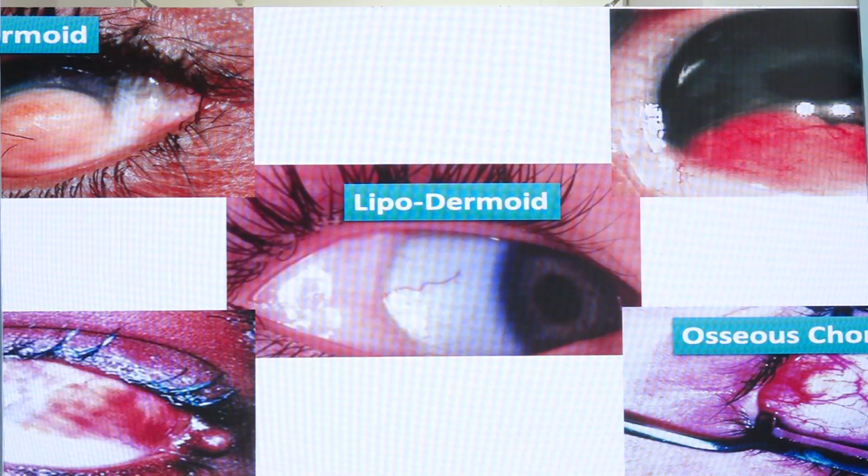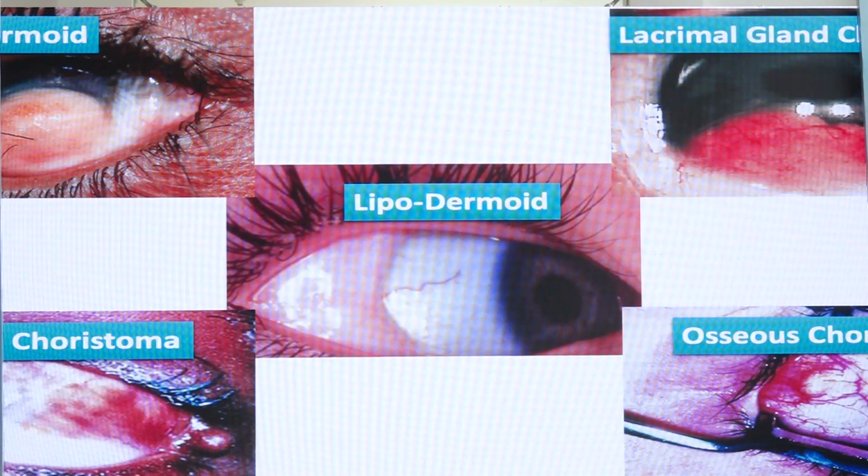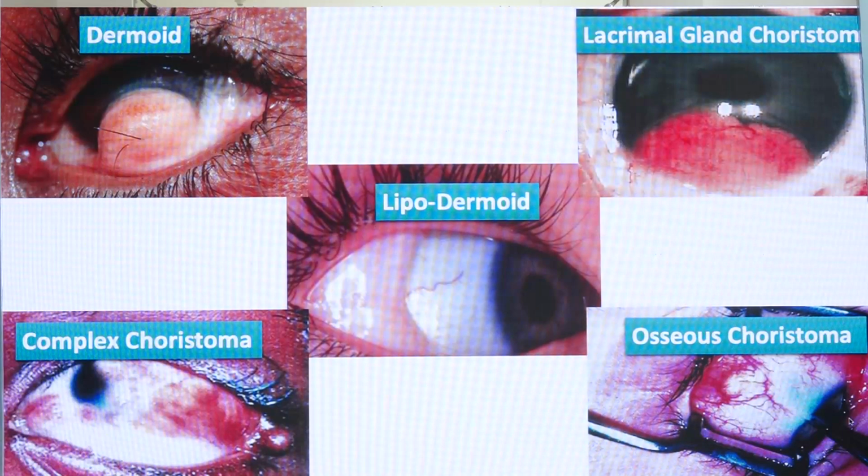Secondly, don't be overzealous, thinking I want to remove all of the fat and make the patient fatless. That is not going to happen, because it is going to come from the orbit. So remove only what is necessary, and the rest you can reconstruct by putting the AMG there. Don't try to remove all of the fat from the lipodermoid. Others are rare, which are osseous choristoma, complex choristoma, and lacrimal gland choristomas.